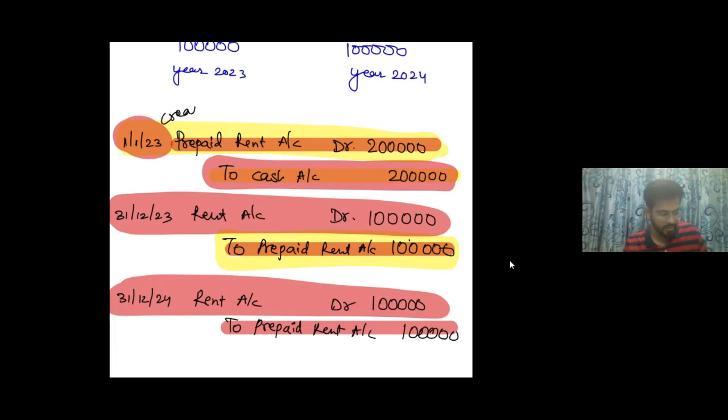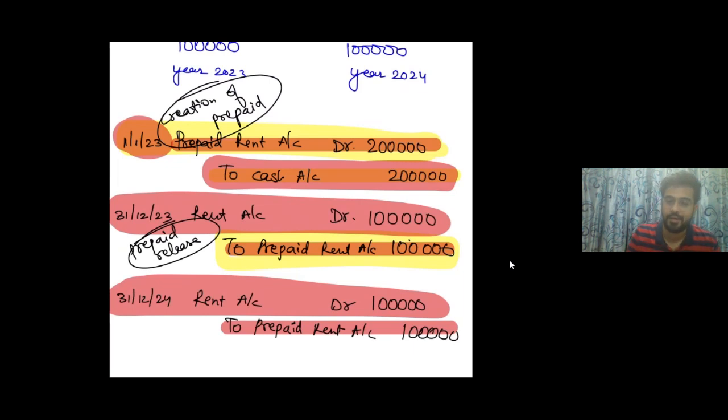This is creation of prepaid, and this is release. This is the prepaid release account. So this is how we create the prepaid accounts and we close this prepaid account.